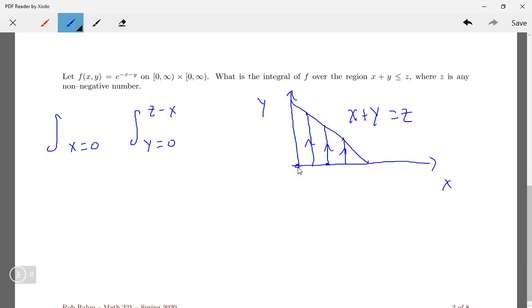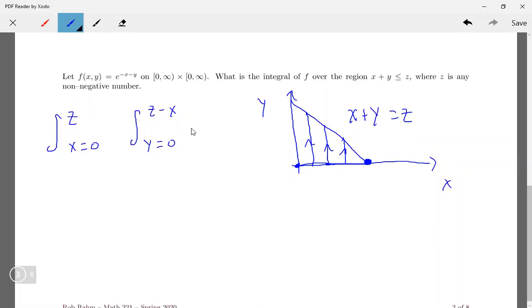We know x goes from 0 to this point. Now this point is just the intersection of the lines x plus y equals z and y equals 0. So if y is equal to 0, then x plus y equal to z means x is equal to z.